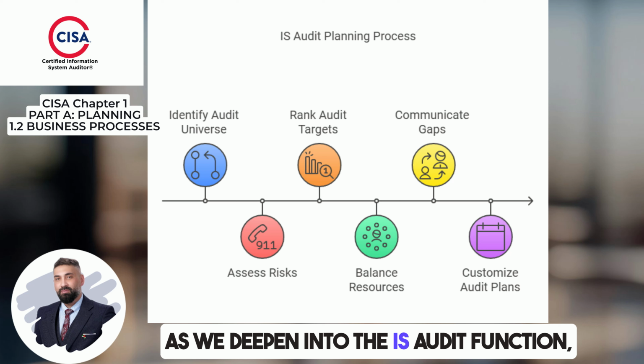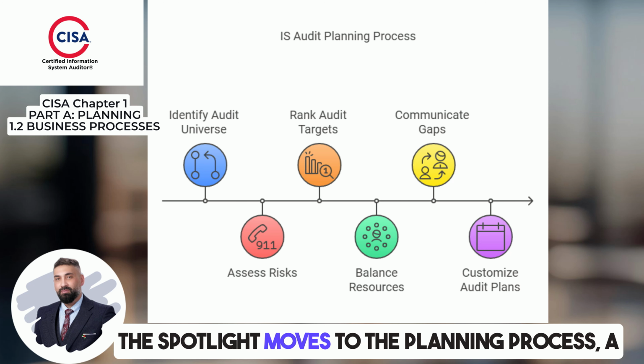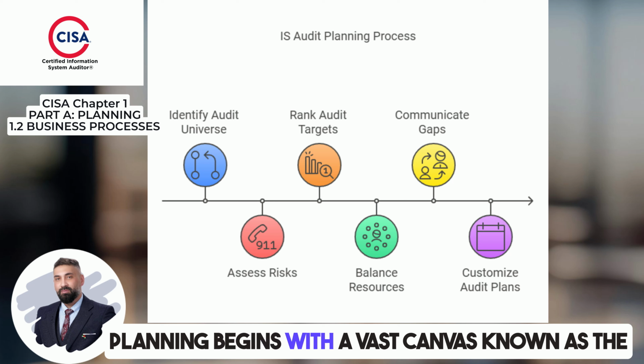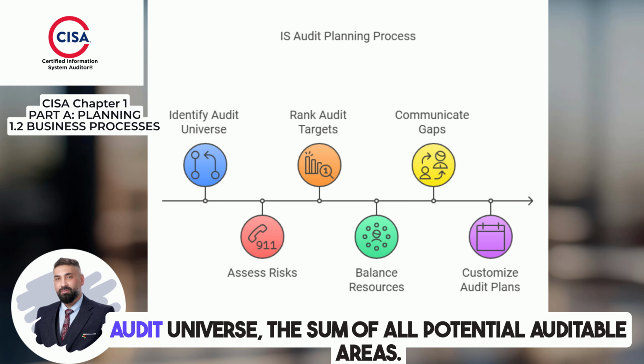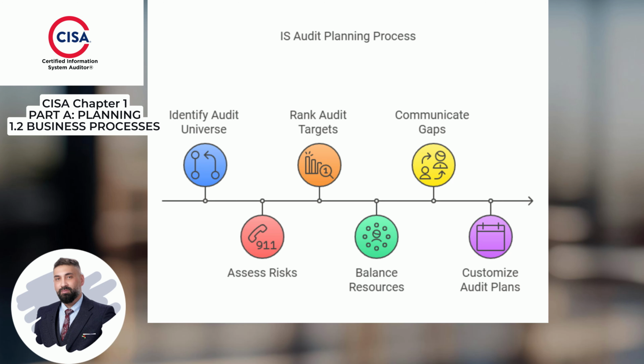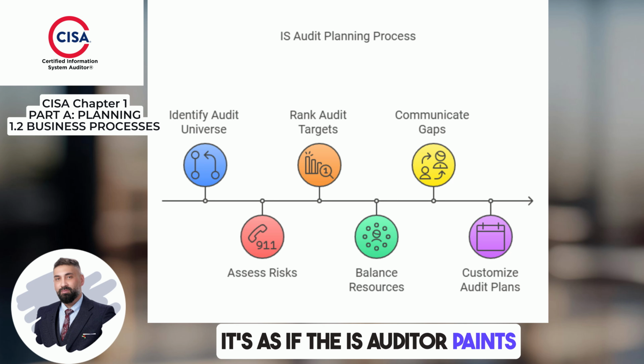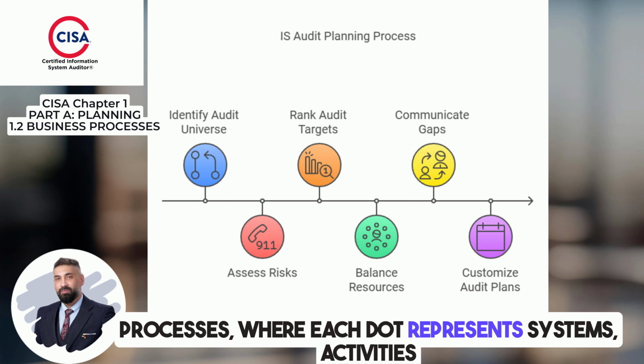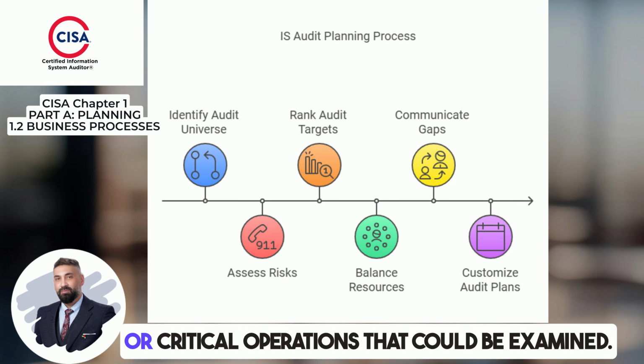As we deepen into the IS audit function, the spotlight moves to the planning process, a meticulous stage where strategy and foresight intersect. Planning begins with a vast canvas known as the audit universe, the sum of all potential auditable areas. It's as if the IS auditor paints a map of the organization's technology and processes, where each dot represents systems, activities, or critical operations that could be examined.